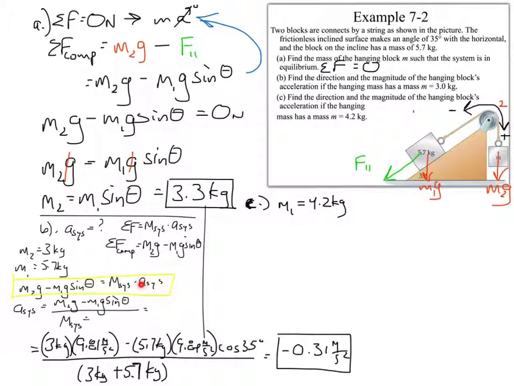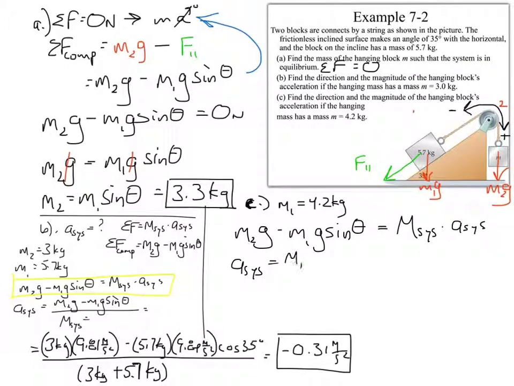So M2 gravity minus mass 1 gravity sine theta equals mass of the system times acceleration of the system. And like we said before, the acceleration of the system is going to be mass 2 gravity minus mass 1 gravity sine theta all over big M.